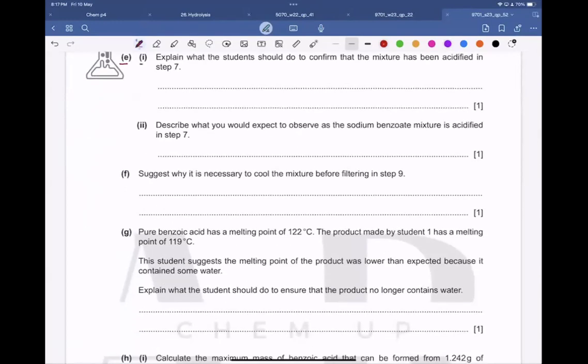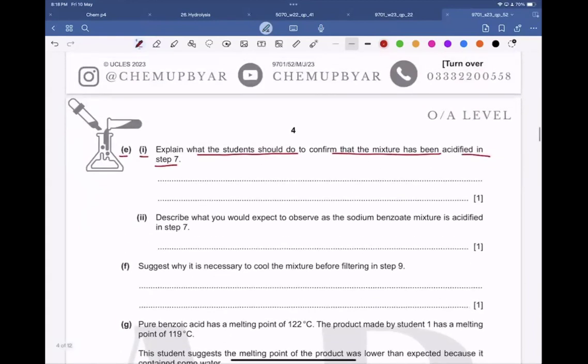Now, E1. Explain what the student should do to confirm that the mixture has been acidified in step 7. Okay. So if it has been acidified, there must be acid in it. So dip, sorry, blue litmus, it turns red.